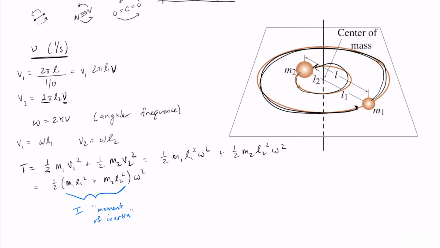Okay, so now in terms of I, this equation becomes 1/2 I omega squared. Okay, and part of the reason we do this is that now we can draw an analogy with the way this looks and the way that the normal kinetic energy looks.